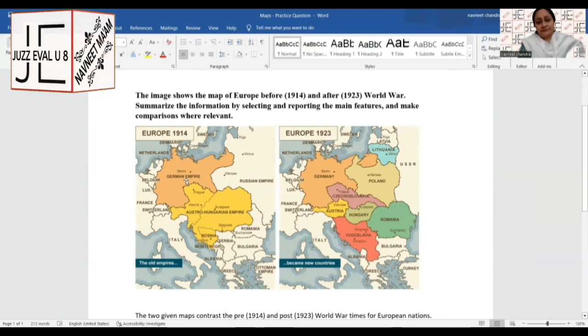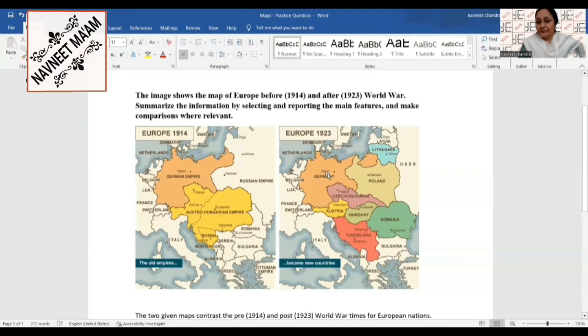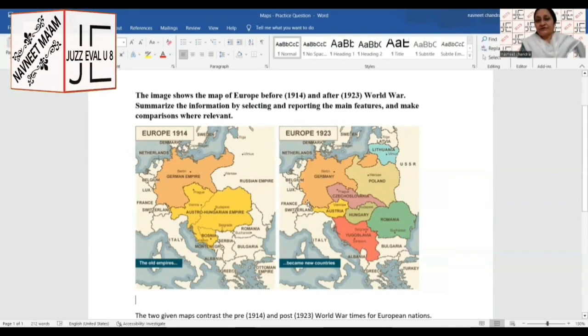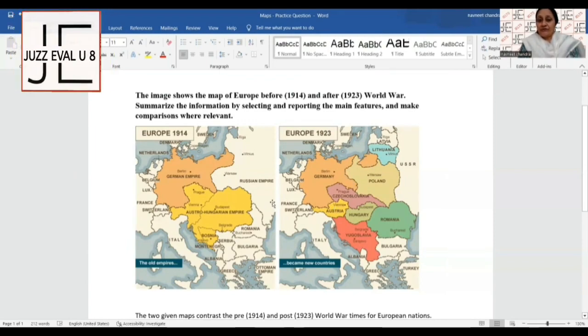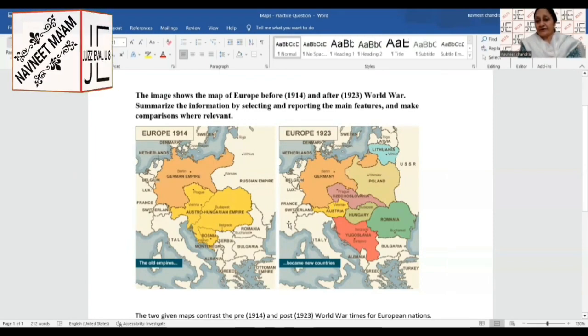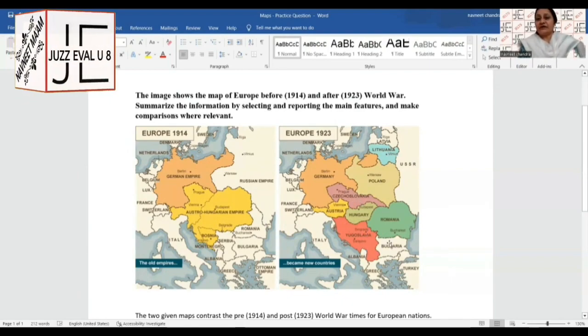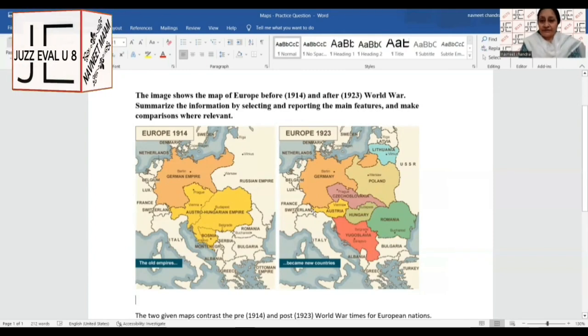Now, if we see what are the changes that have come about in the German Empire, it has slightly lost its territory in the south as well as in the east. What about the Austro-Hungarian Empire? It has got divided into various nations. It has gained some ground in some places and lost in a few places.